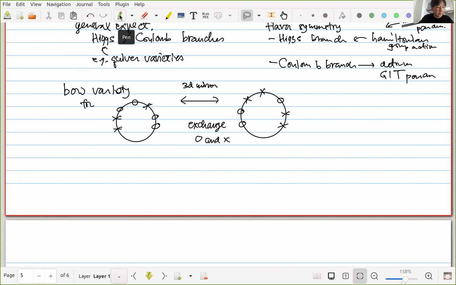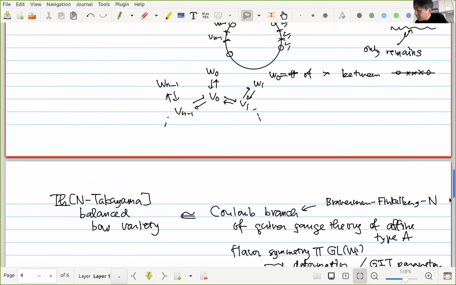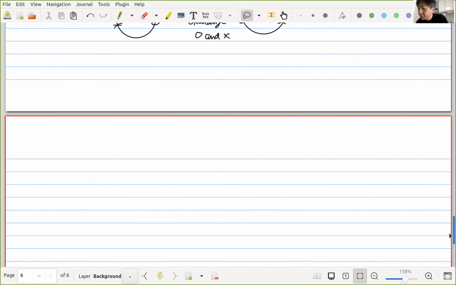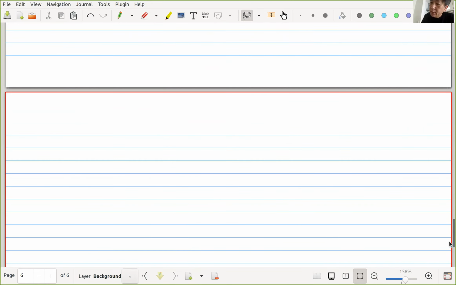Okay. Now, let me explain the main result. From now on, I only consider the case where the deformation parameter is equal to 0.